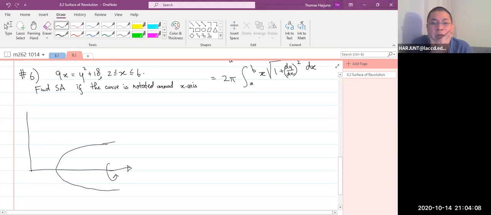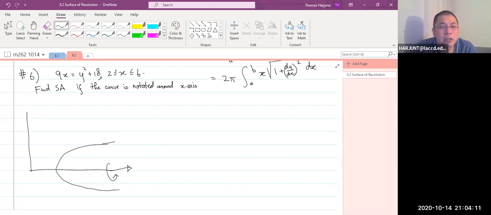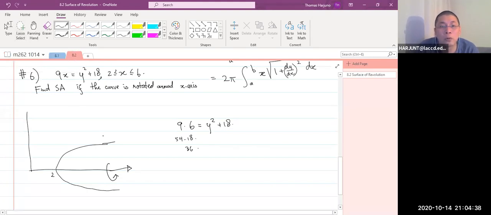When x equals 2, y is 0. When x equals 6, y is what? So y equals 4. So this is 6. This is 4.